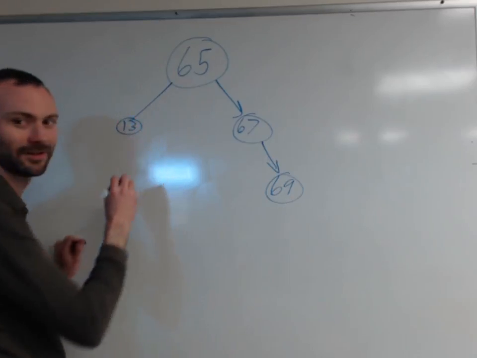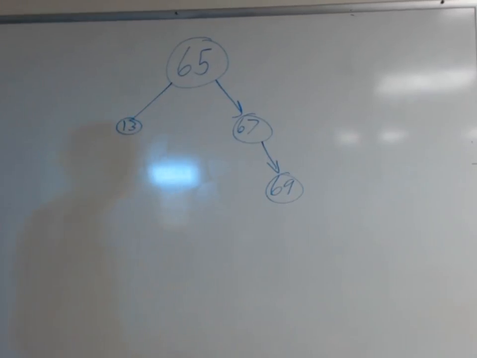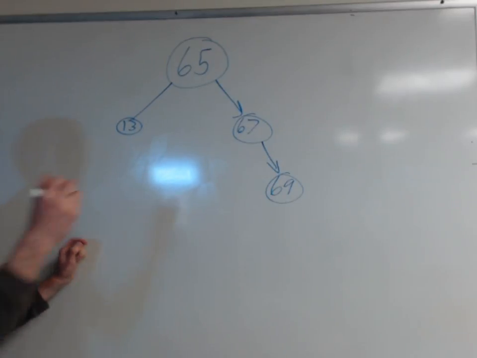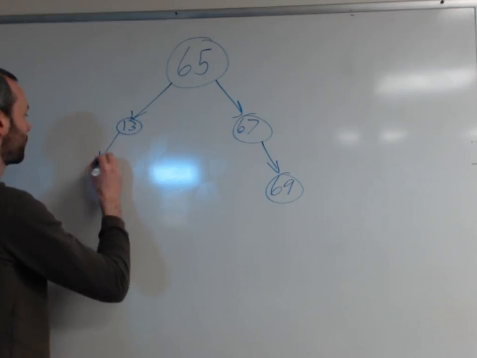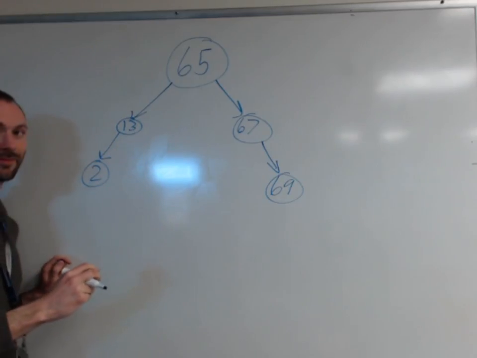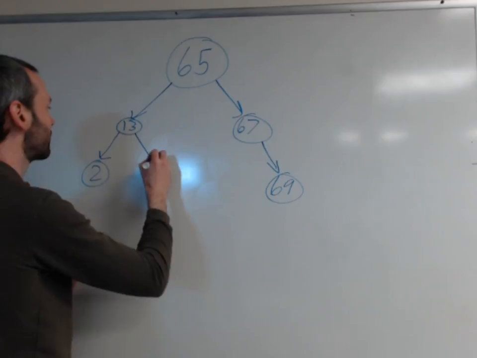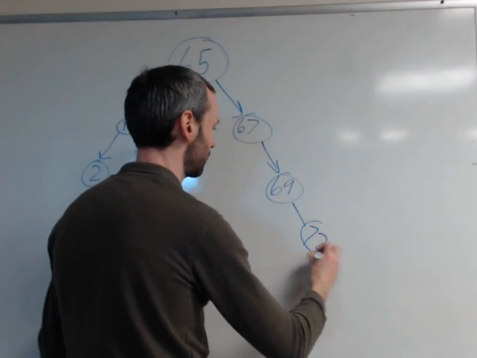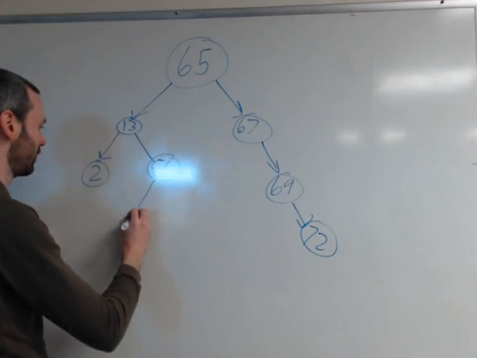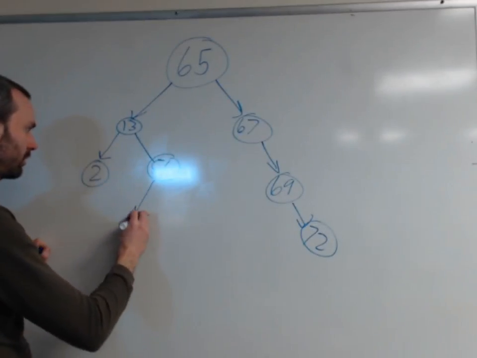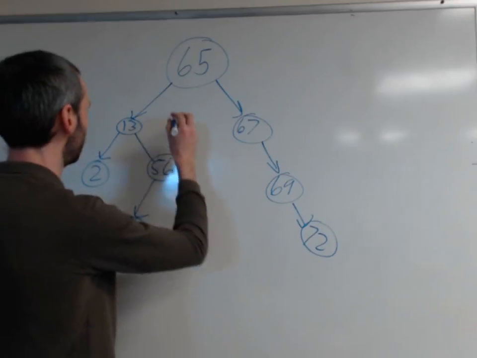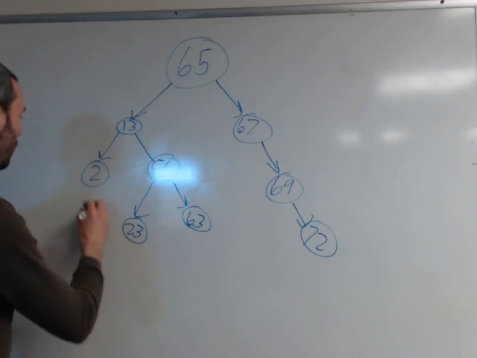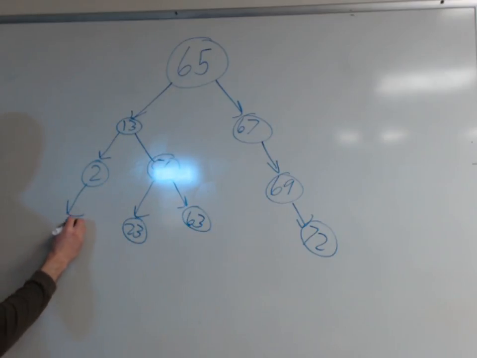Okay, something out of the 60s. My circles are getting smaller and smaller, really tiny. Which one? 2. 56. 72. 23. 63. 1.